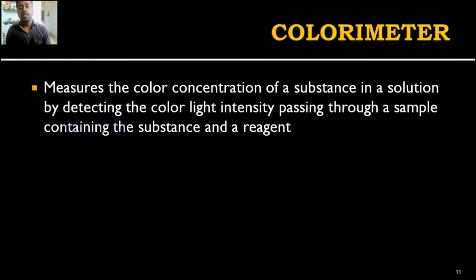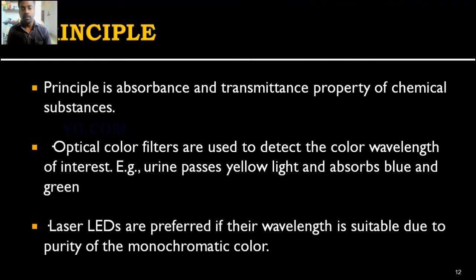So the principle of the colorimeter: measure the color concentration of the substance in a solution by detecting color light intensity passing through the sample containing substance and reagent. So how does it operate? The principle is the absorption and transmittance property of chemical substances.